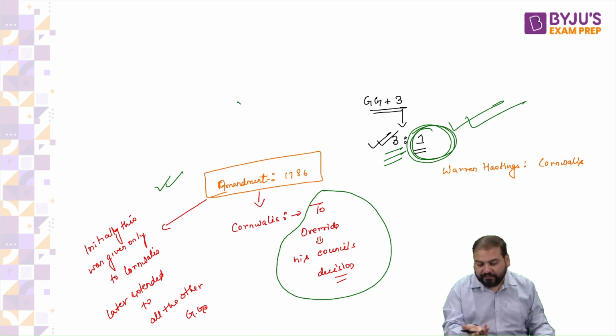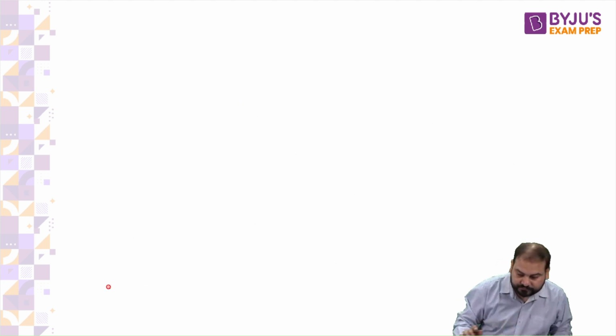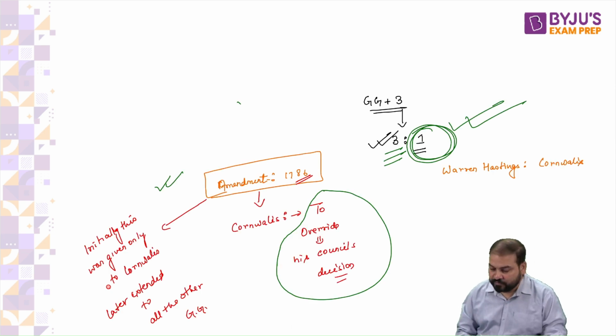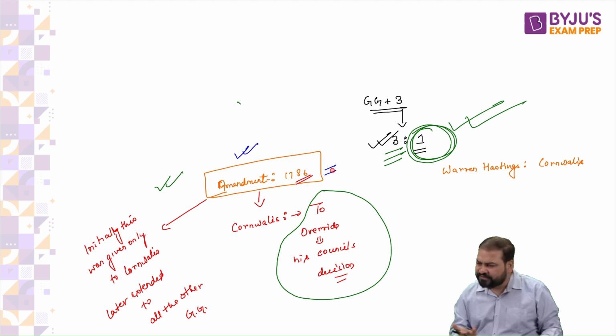Cornwallis is the next, so invariably he's the Governor General at this point of time. Those who are asking, it is not that important an amendment, only 1 point. Centralized tendency is going on. That is there. Everyone, am I clear?